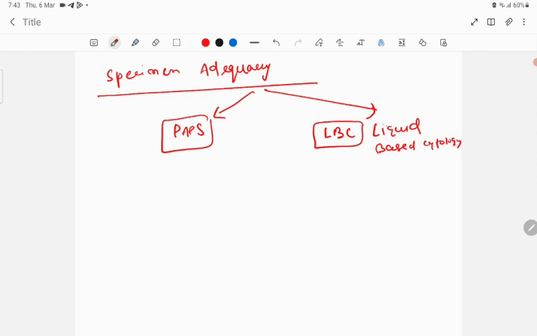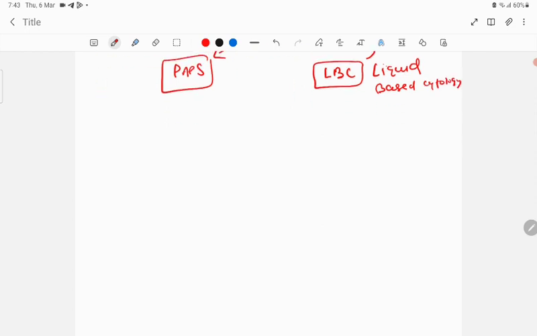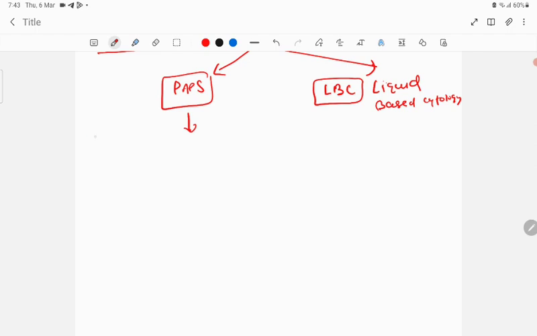What is the minimum number of cells that has to be there so that the specimen is called adequate? For a PAP smear there should be 8,000 to 12,000 well visualized squamous cells.